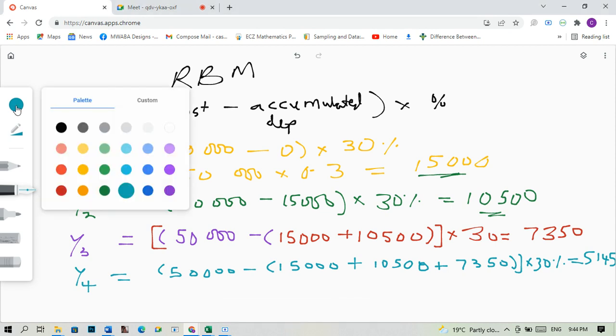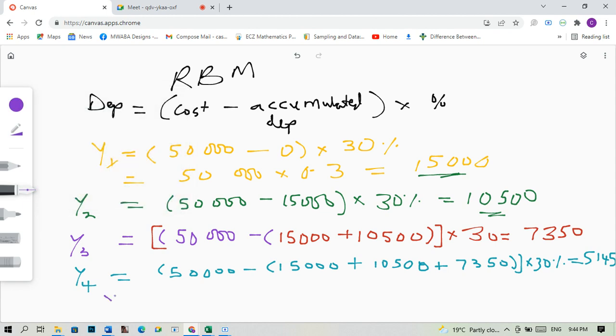And then finally we go to year 5. Same process again.